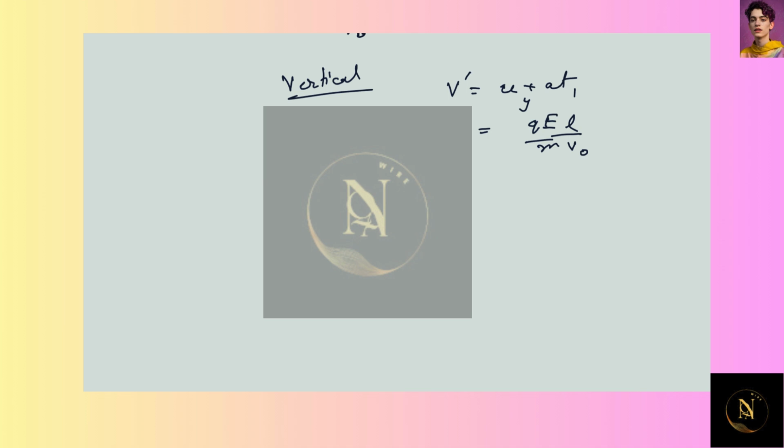Now the deflection in the downward direction will be given by this v dash times the time t. Let's say this is d2, which is equal to qE times small l times capital L over m v naught squared. So this is what you have as d2.